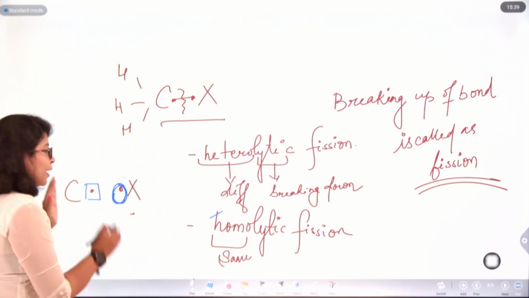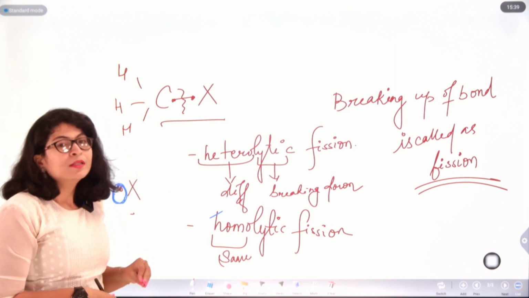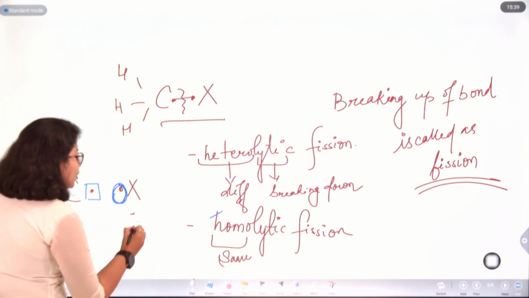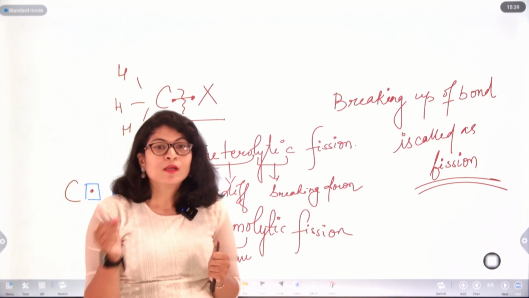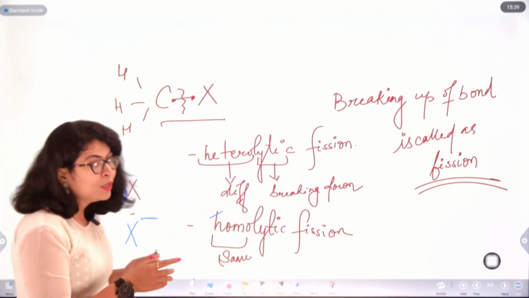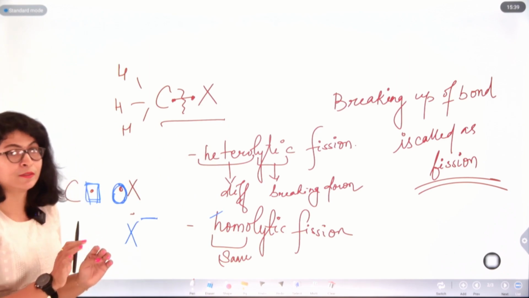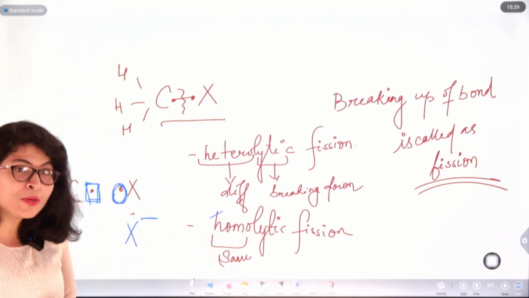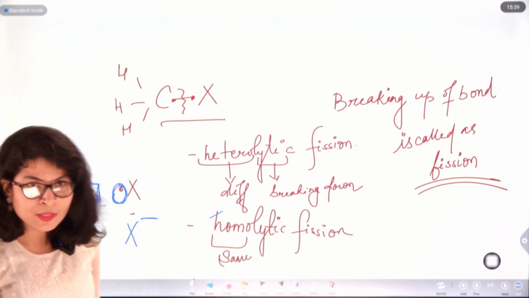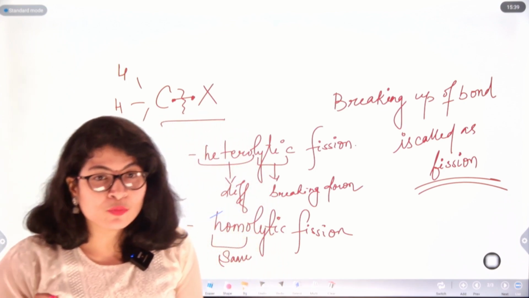Therefore, X is moving out with a charge of uninegative, X minus, and that minus was due to the extra electron taken up from carbon. Only one electron was taken, so it is getting a -1 charge over itself.